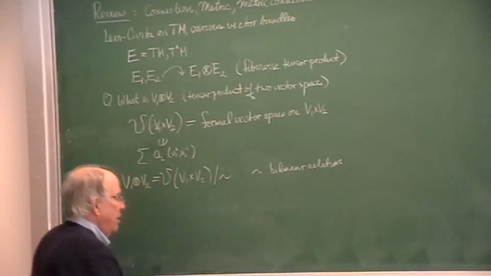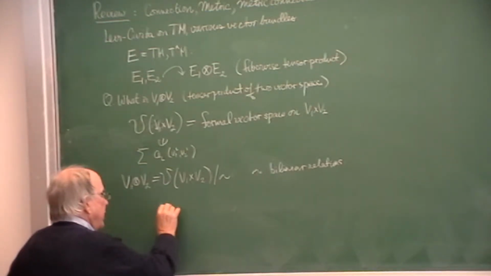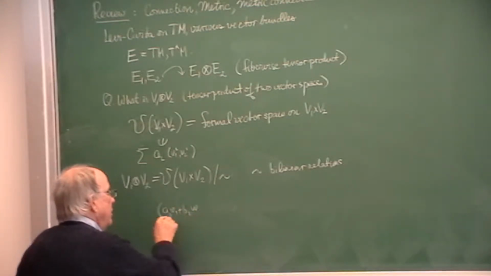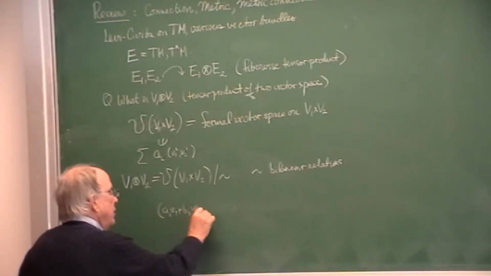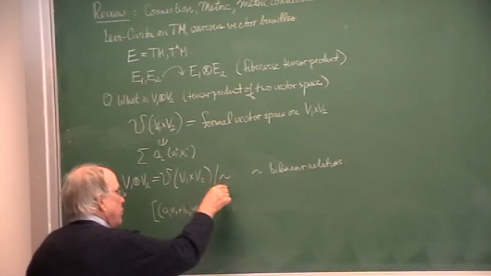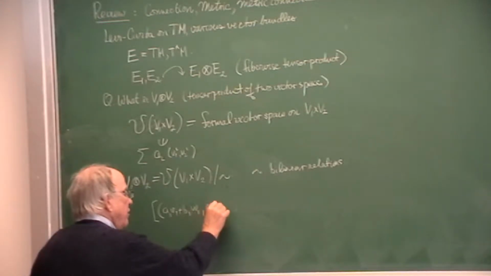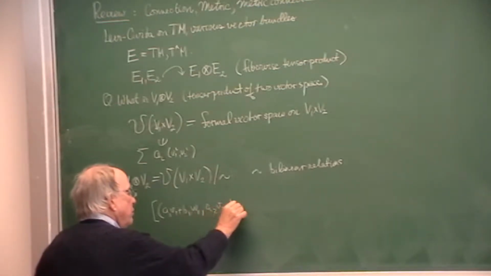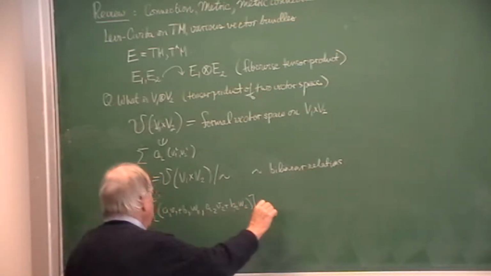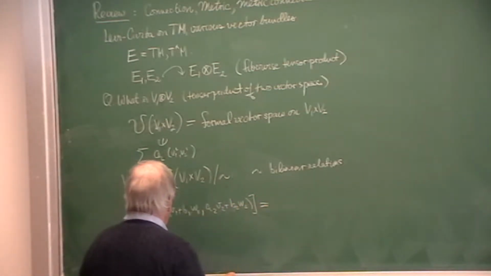So that means that, let me just write it, the equivalence class of a1 v1 w1 plus a2 v2 w2, in this horrible equivalence relation, is the same thing as, now I have to do this whole thing out.